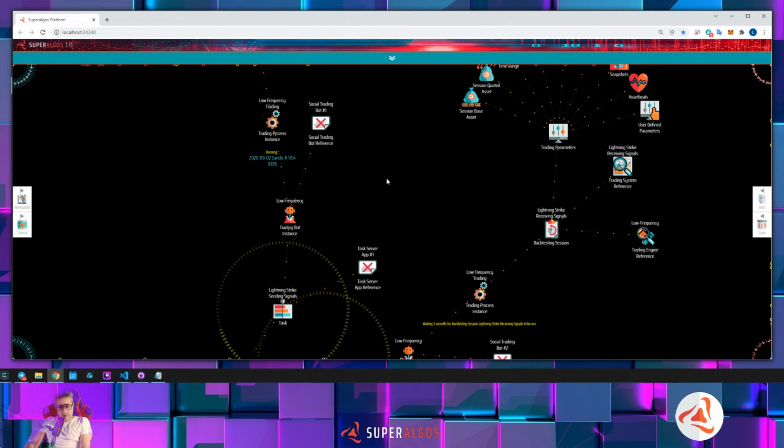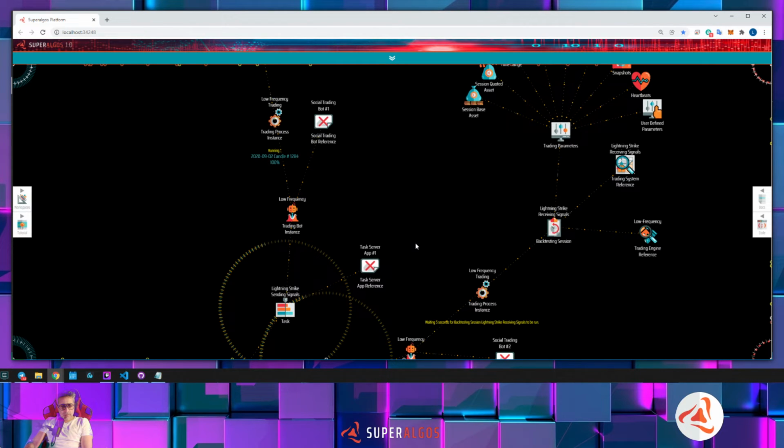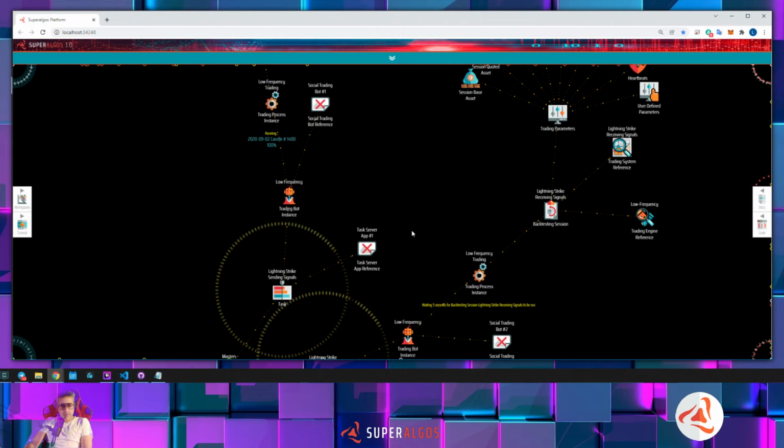Okay, just a little bit more. 1440 candles per day we have. Almost there.